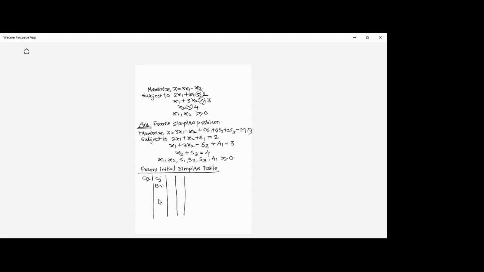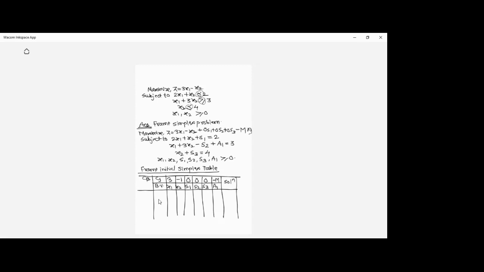So here it is x1, x2, s1, s2, s3, and a1, right? The coefficients of these variables in the objective function are 3, -1, 0, 0, 0, and minus M here. So here it is solution.